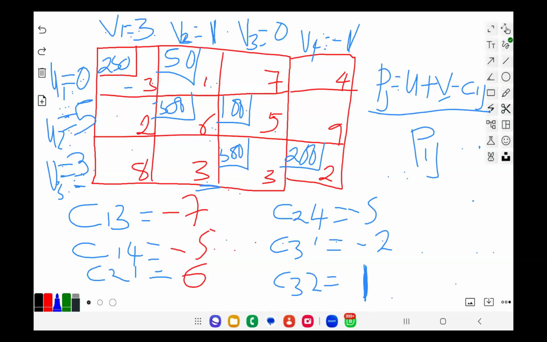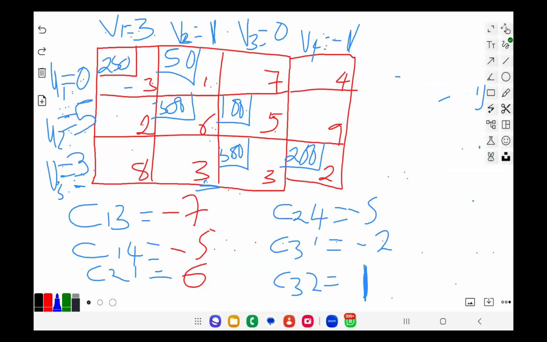Yes. What is the u? The u for the row is 3, then the v is 1. Yes, so you add u plus v. 3 plus 1 is 4. 4 minus this Cij, this 3, is 1. 4 minus 3 is 1. Right? So these are the Pij, the ones we found. Yeah, these are the Pij, the penalties.